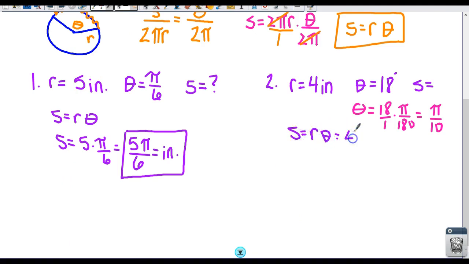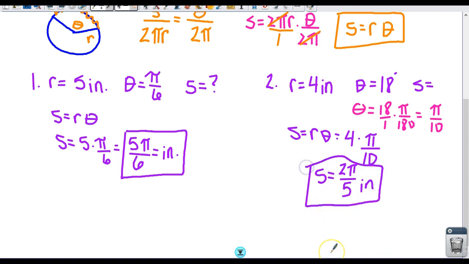So my radius is 4 times theta, which is pi tenths, which means that my arc length is what? 2 pi over 5. Remember, always all in one fraction, and my units are inches. Easy enough?